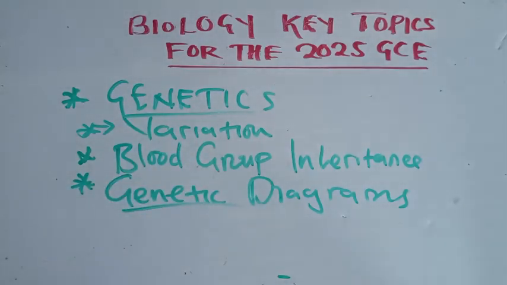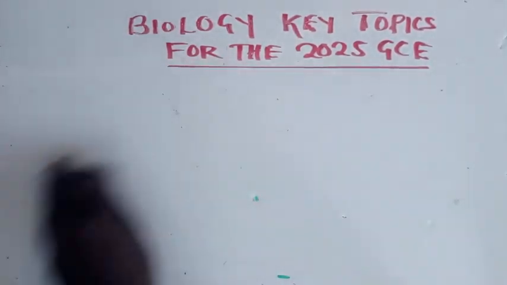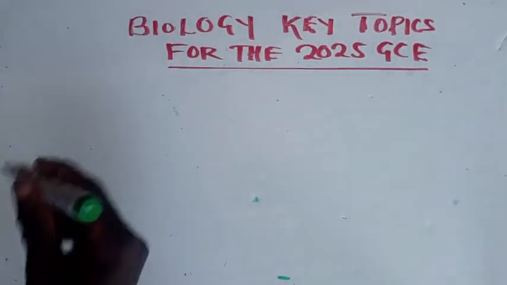Okay, what is the second topic which I want you to revise in biology for you to be on the safe side? The second topic, I want you to revise ecology.